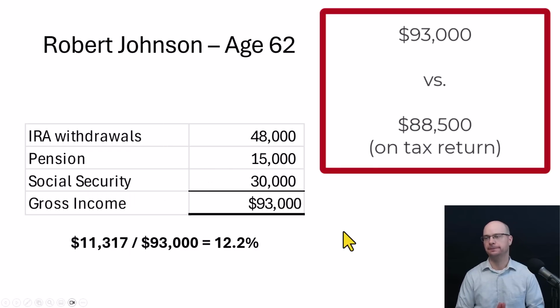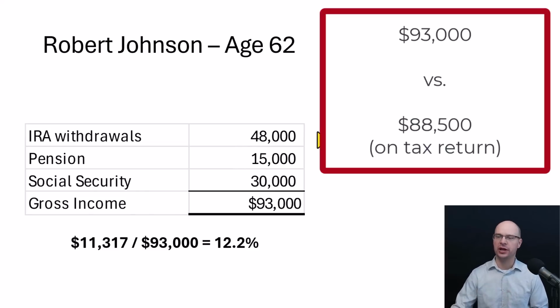Going back to this slide, there are cases when parts of pensions and parts of IRA distributions are tax-free. And again, my point is that can really screw up the math if you're using those gross income numbers directly off your tax return.